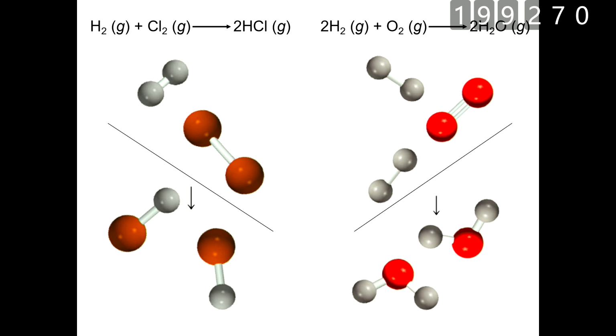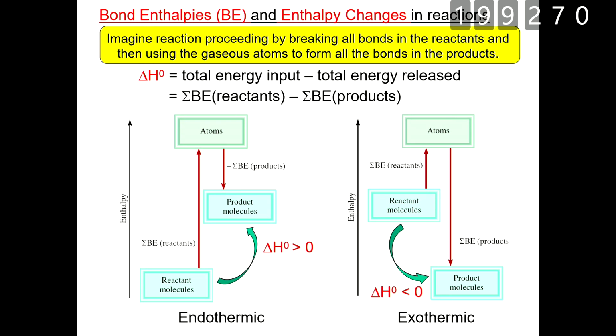To calculate the enthalpy change of a reaction, we use the total energy input minus the total energy released. This means we use the bond enthalpies of the reactants minus those of the products.